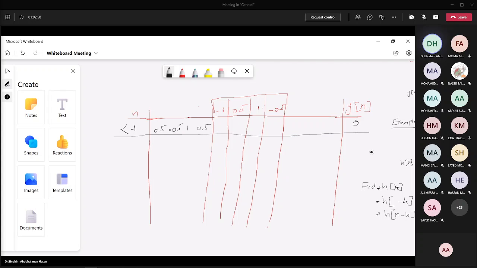Okay, so when n equal to minus 1, just move this one to the right. 0.5 will be here, 1 will be here, minus 0.5 will be here, then 0.5 will be here. Multiply whatever you have inside this one. So 0.5 multiplied by minus 1, it is equal to minus 0.5.